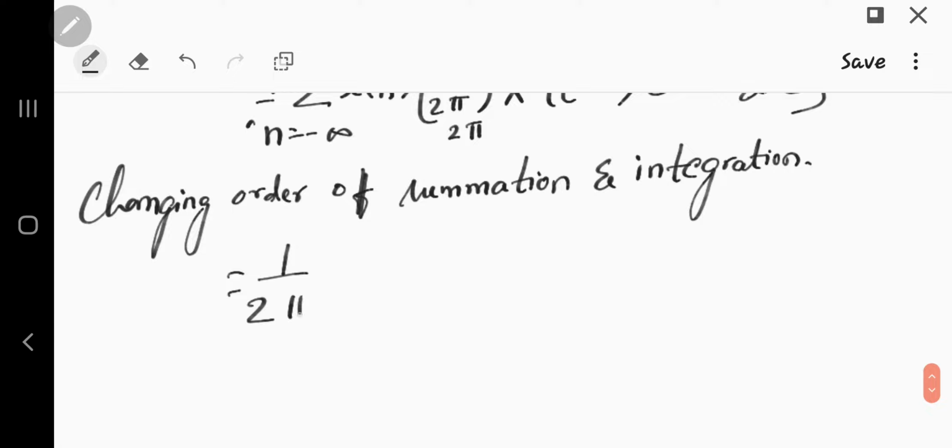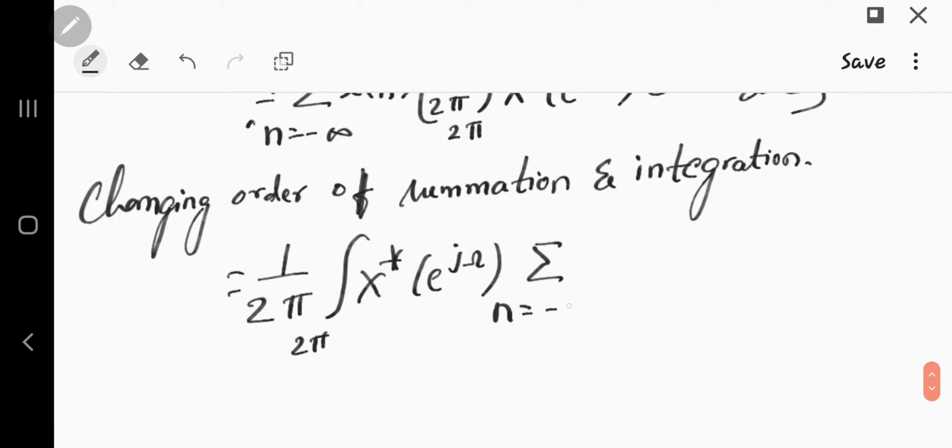So 1 by 2 pi, integral over one particular duration of 2 pi, X star of e power j omega, summation n equals minus infinity to plus infinity x of n e power minus j omega n d omega.